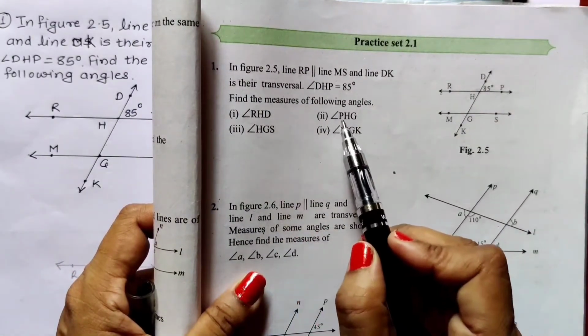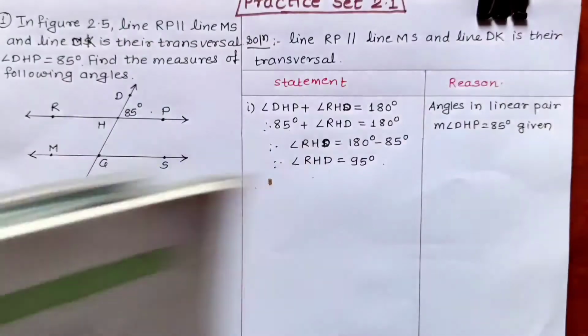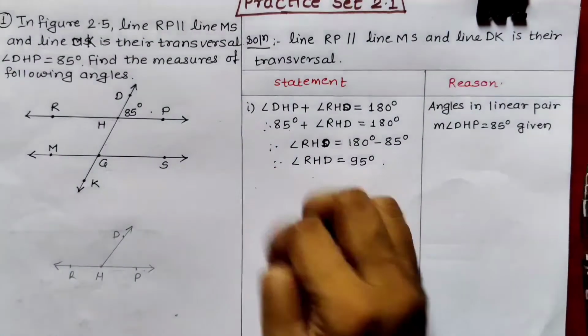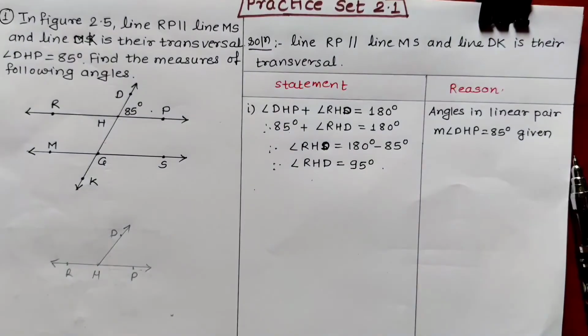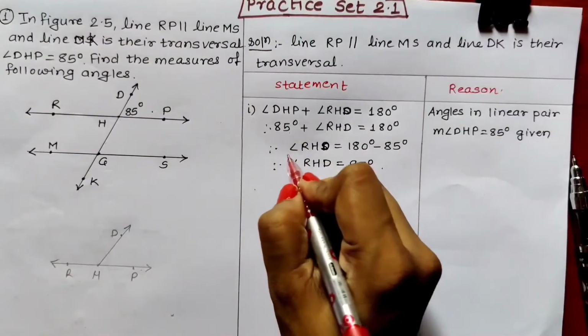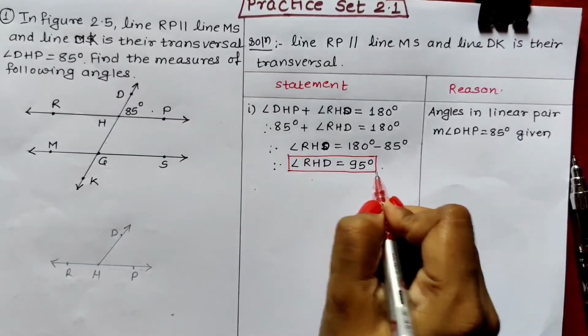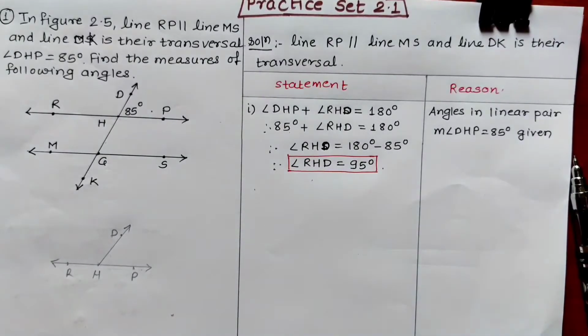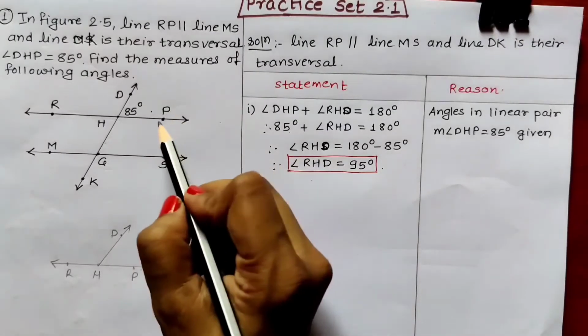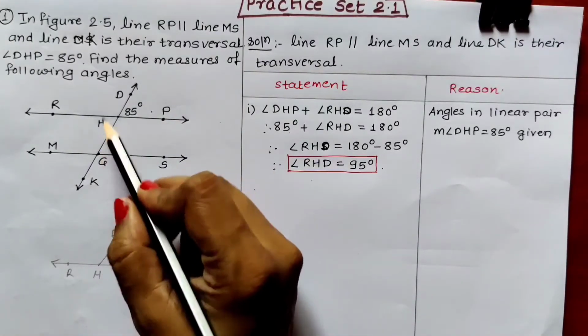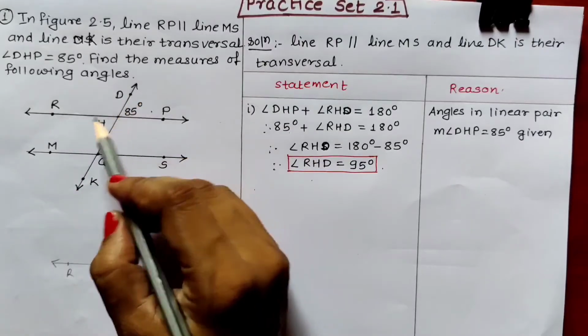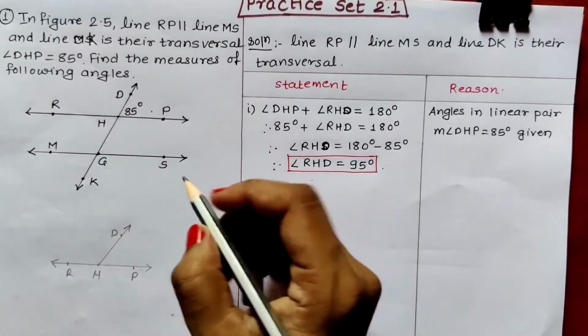Now we will have to find out PHG. I will make a box over here. Now see children, if you observe, angle PHG and RHD are opposite angles, vertically opposite angles.